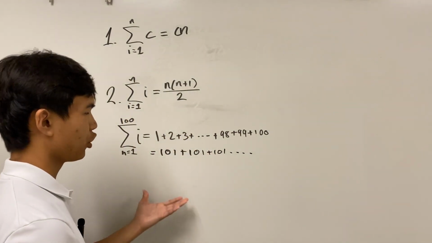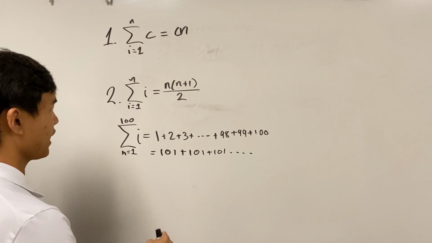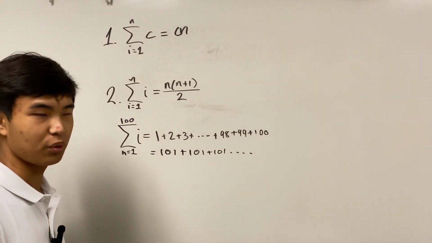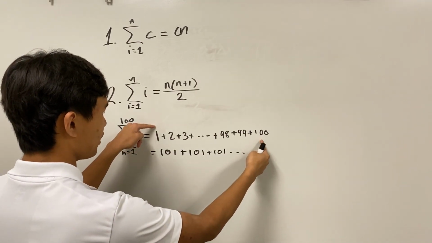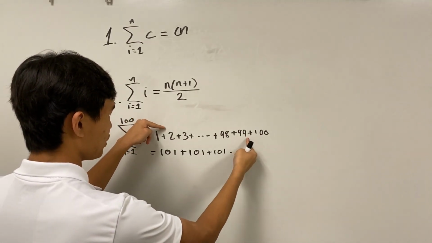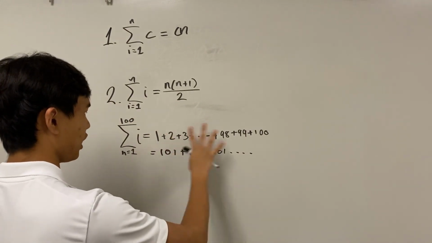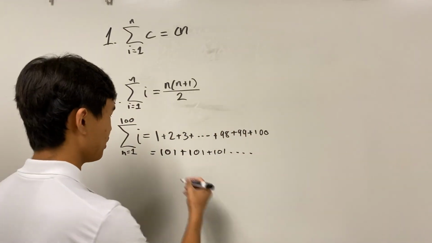But how many 101s do we have? Well, we have 50 101s because every time we make a pair, we use 2. And since there's 100 numbers here, there's 50 pairs.